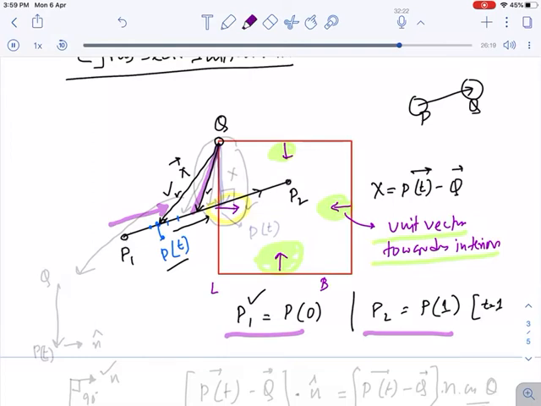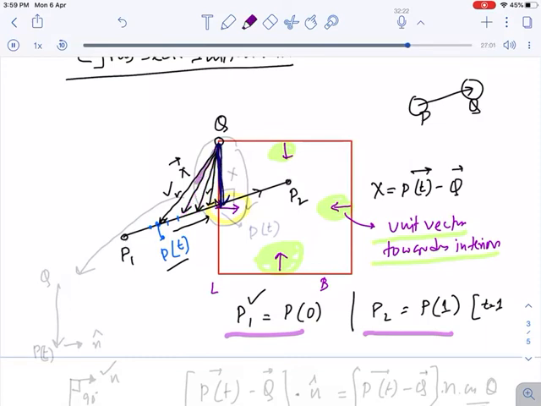Changing the t, I am getting a new point and I am connecting q with that new point. This way. So I am taking this blue line, the vector from q to Pt.